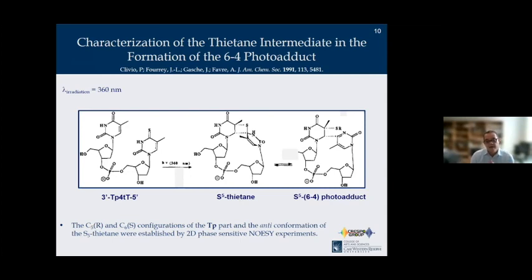And very convenient for us, it has been shown by them that when you excite with UVA radiation, in this case at 360 nanometer, where the 4-thiothymidine base absorbs uniquely, so you don't touch the thymine with photon energy, there is a very fast reaction whose time scale is not known until now, but they were able to show and actually to trap the thietane intermediate, the analog of the oxetane intermediate.